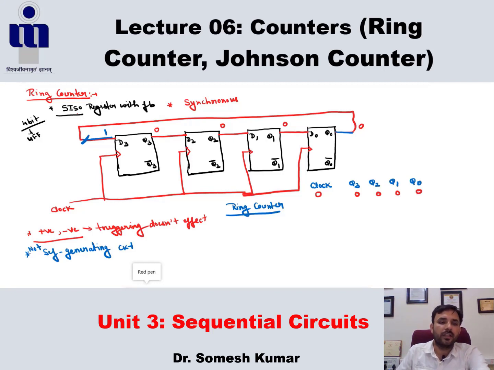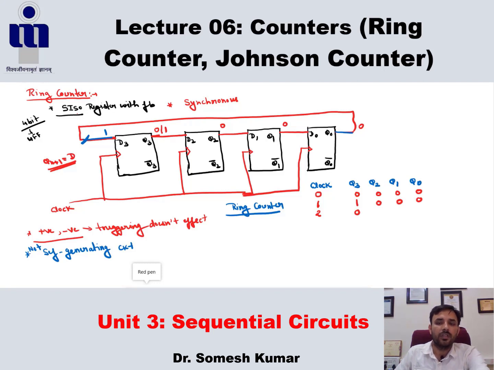Now at the first clock, this 1 is given to the input D3. After the first clock, Q3 becomes D3, because you know in the D flip-flop Q(n+1) is equal to D. So Q3 becomes 1 and Q2, Q1 and Q0 remain 0. In the next clock, this 1 goes to D2.